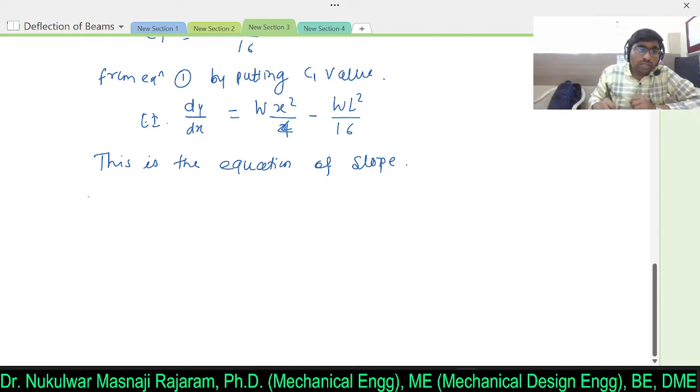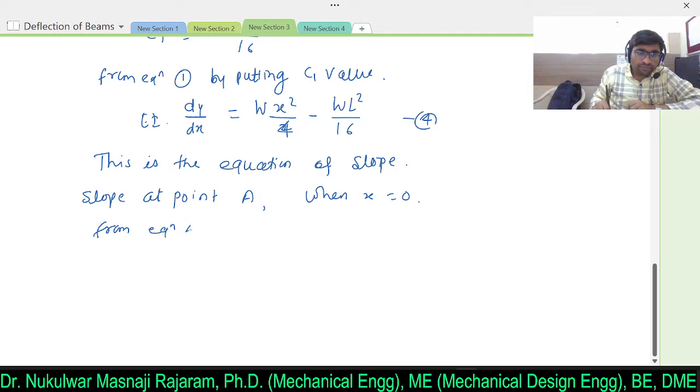That's it. Now let's evaluate slope at point A. Now at point A means when x is equal to 0. So just put these values in this equation. So let's say this is equation 4. So from equation number 4 I can write EI dy by dx at A equal to w into 0 by 4 minus wL square divided by 16.